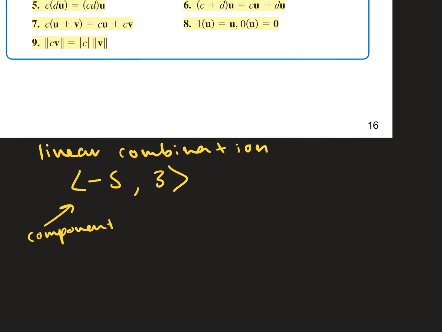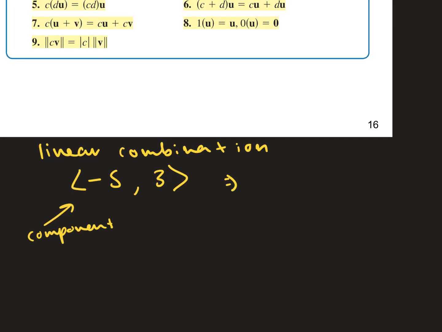In linear combination form, we would write this as -5i plus 3j. So this is linear combination. So you'll see some questions on WebAssign that'll give you the linear combination and ask you to write the component form. So you're just taking the coefficients of i and j. And it uses the variables i and j each time. So i is the first one, j is the second.